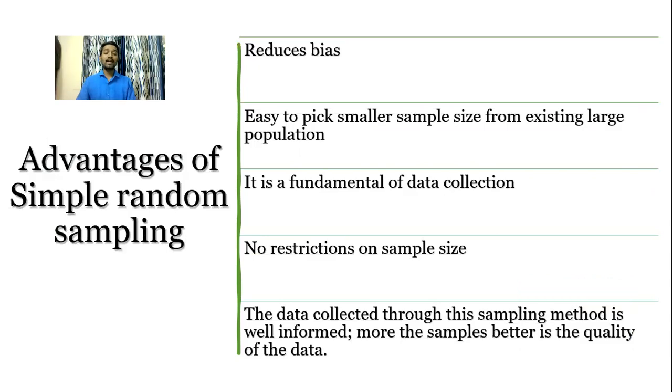So what are the advantages of simple random sampling? The advantage is, as I said, it reduces bias. As it is a random method, there will be no bias in your research. It's really a bias-free research, and it is easy to pick a smaller sample from a large population.